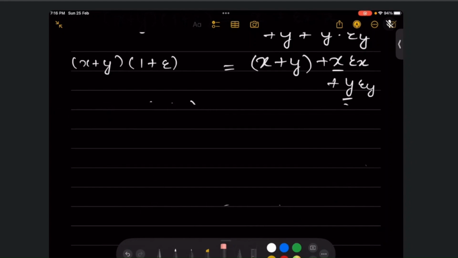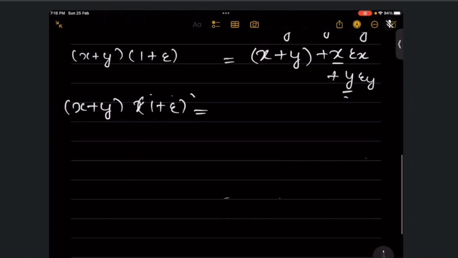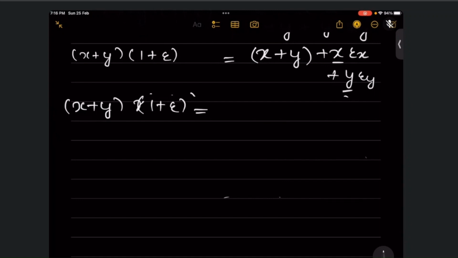Here we can simply multiply x plus y, then x plus y and 1 plus epsilon, and here it will be... wait a second.